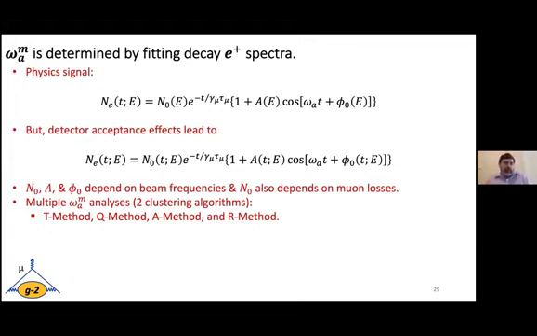Since this is a high precision measurement, we make an effort to have independent analyses when we determine omega_a. These different analyses depend on 2 different clustering algorithms, and there are also variations on the analysis that you can do. So there are different methods, and multiple methods are used when determining omega_a.